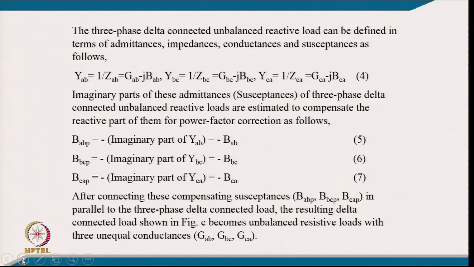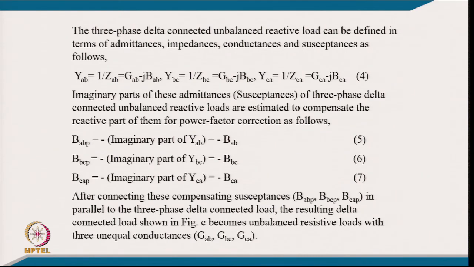So, the imaginary parts of these admittances of the 3-phase delta connected unbalanced reactive load are to be estimated to compensate the reactive part of them for power factor correction. So, BAB will be just the imaginary part of your A phase, similarly for the B phase, similarly for the CA phase. So, for power factor correction we got these values.